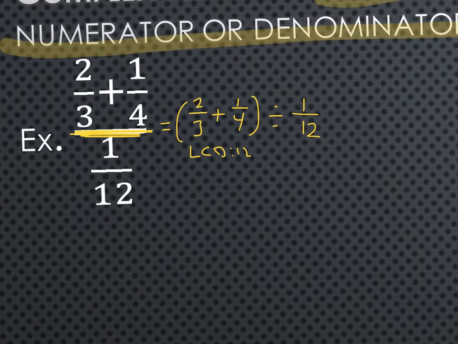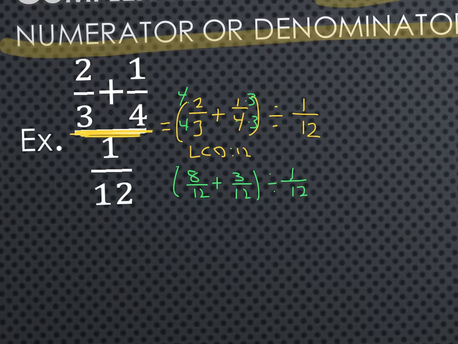is 12. So what we'll end up doing is we'll be multiplying the 2/3 by 4, top and bottom, and the 1/4 by 3. Okay, so notice we'll have 8/12 plus 3/12 divided by 1/12.